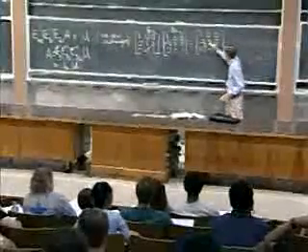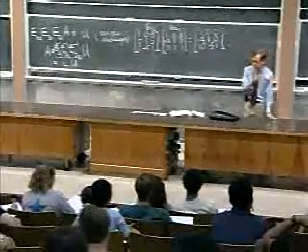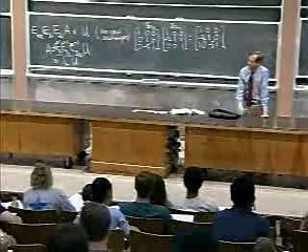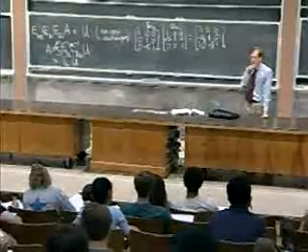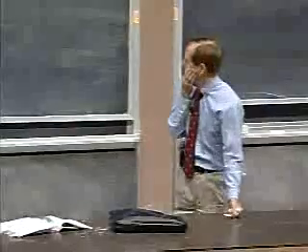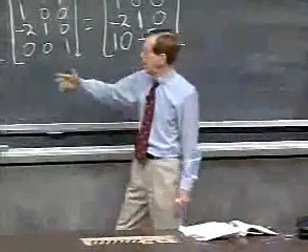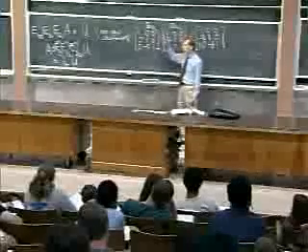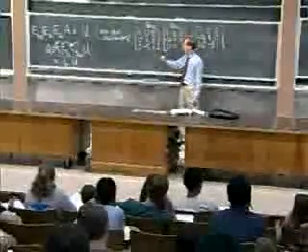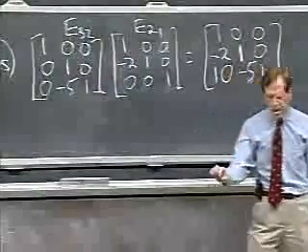What? It's that 10. How did that 10 get in there? I don't like that 10. I mean, of course, I don't want to erase it because it's right, but I don't want it there. The 10 got in there because I subtracted 2 of row 1 from row 2, and then I subtracted 5 of that new row 2 from row 3.